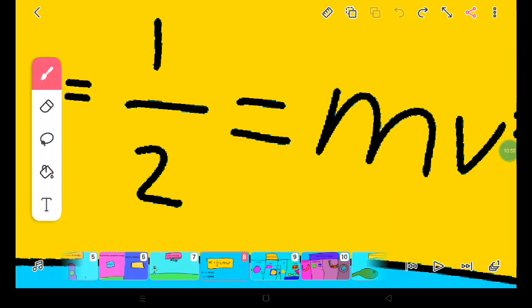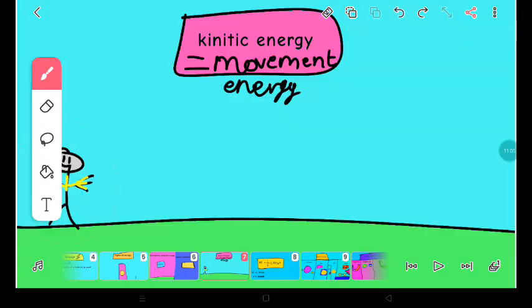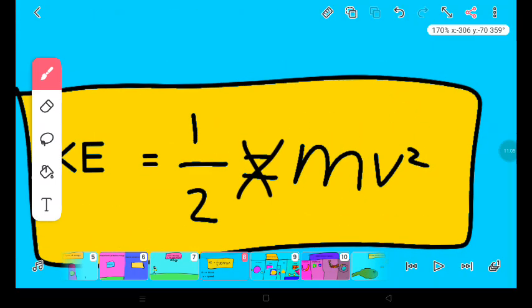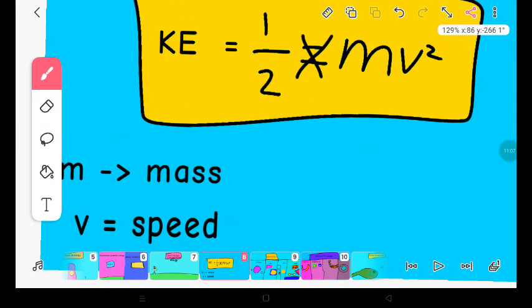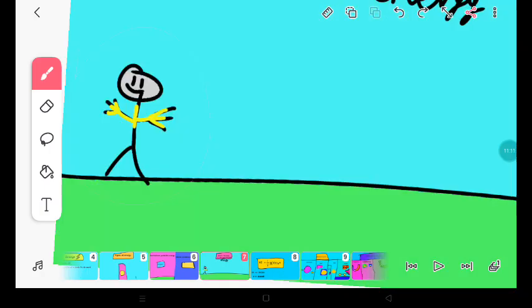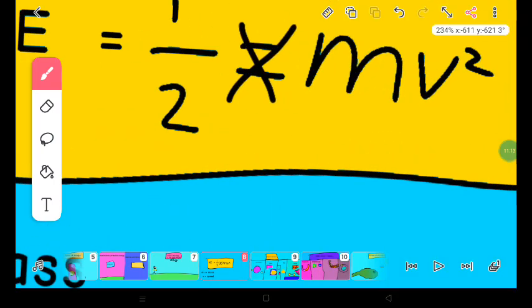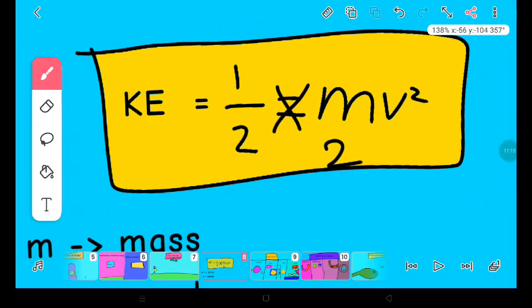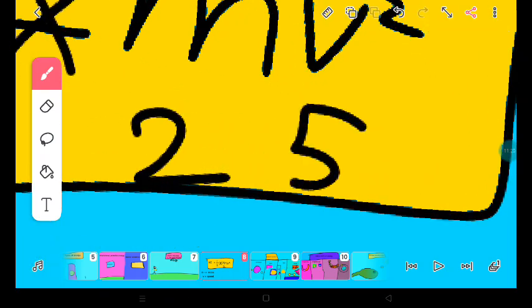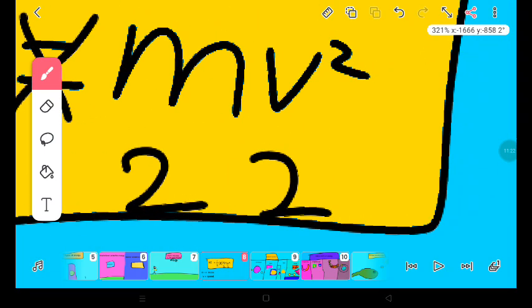So the kinetic energy of this stickman is equal to 1 by 2 multiplied by m v power 2. The mass of the stickman is 2. And the speed of the stickman is 5. Wait, no, it is 2.